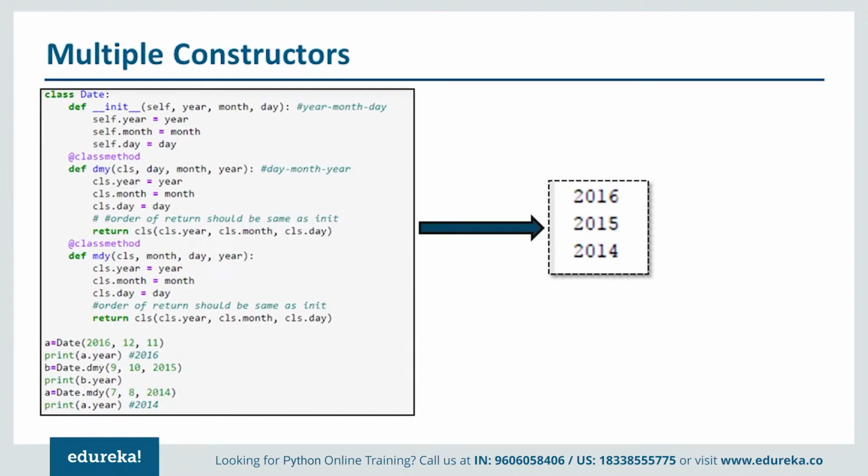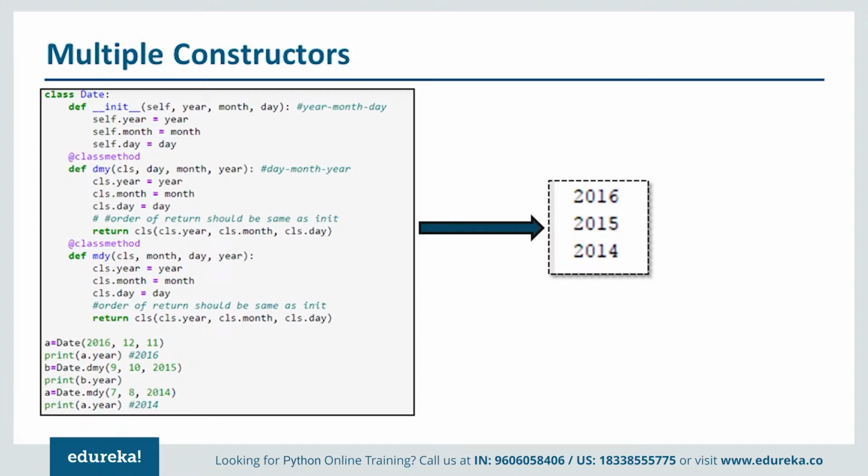Now we can have multiple constructors also. Not only one, we can have multiples here. In this example, you can see that we have a class called Date, and there we have a default constructor in which we are setting up the values year, month and day. Whenever we want to create an object, at that moment we can provide some variables.